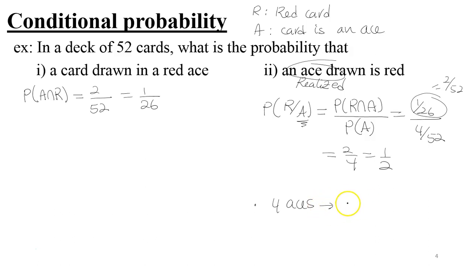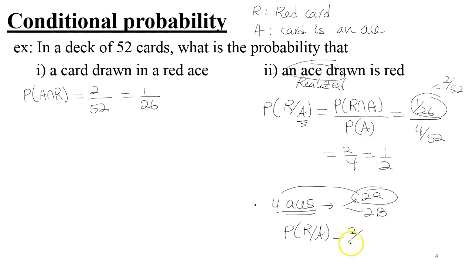Out of these 4 aces, I have 2 that are red and 2 that are black. So if I know that I have an ace, the probability of having a red card would be 2 out of 4. So the probability of R given A is 2 out of 4, which is half. And we go back to the same probability that the formula has already given us.